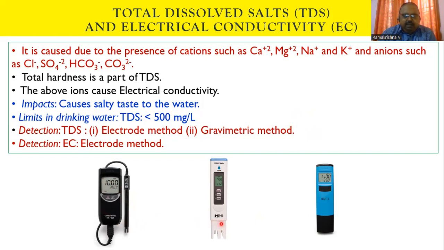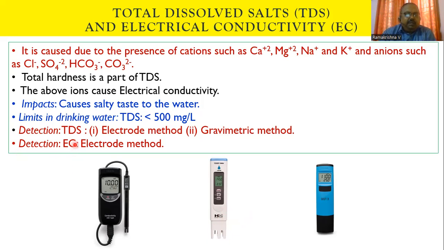People take this type of pen-type instruments to the field to find out the TDS, particularly when you have household water treatment systems. We usually measure the TDS using TDS meters to find out whether the treatment system at the household is properly working or not.